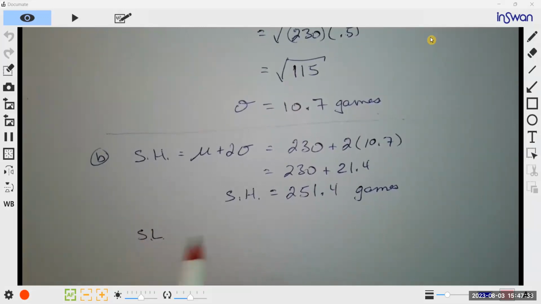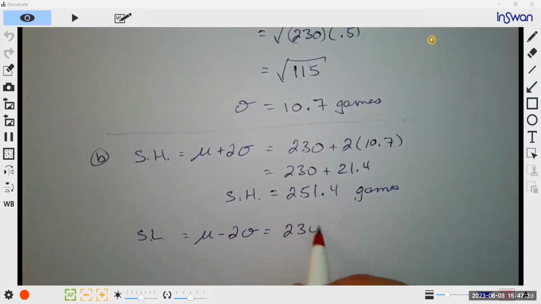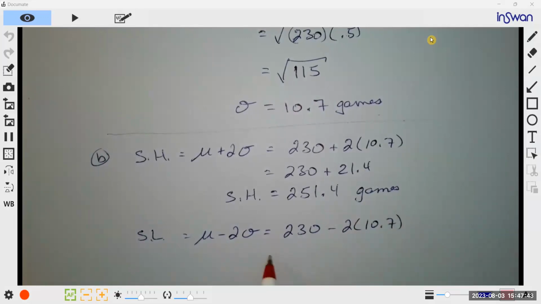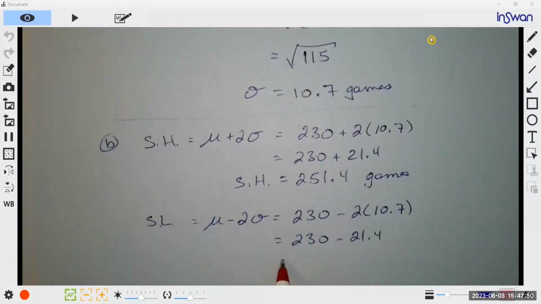Significantly low is mu minus 2 standard deviations, 230 minus 21.4 equals 208.6 games.